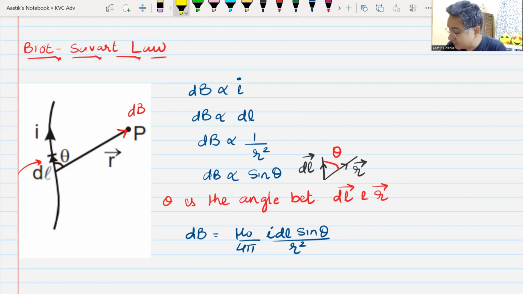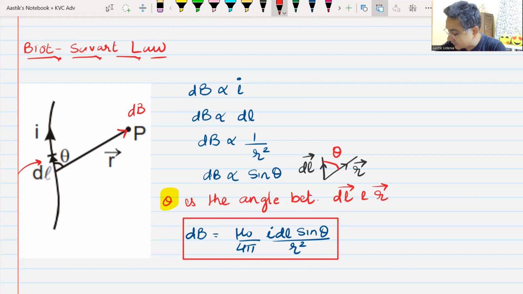Remember, it depends on theta. If theta is 0, that means the point lies ahead on the wire. Or if theta is 180, the point lies behind the wire, on the wire. The magnetic field is 0. This becomes the formula of magnetic field created by a current carrying element.